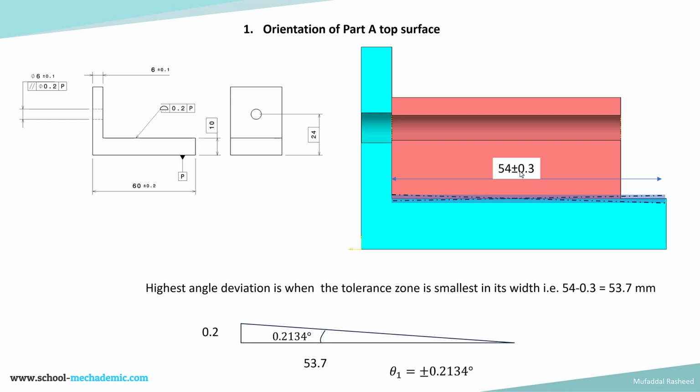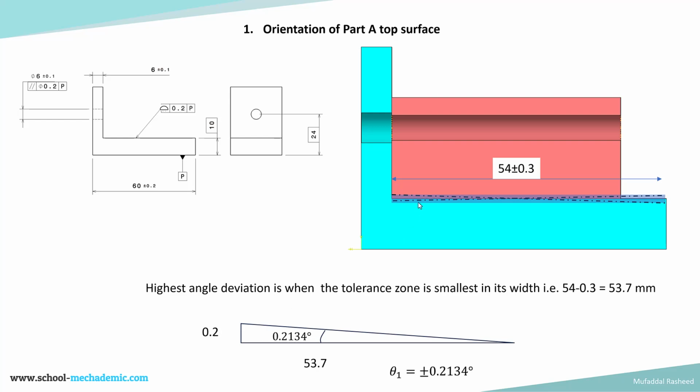So from that, the worst angular deviation will be when the distance is smallest, when the tolerance zone is the smallest. So highest angular deviation will be when the tolerance zone is smallest in its width, which is 54 minus 0.3, which is 53.7.